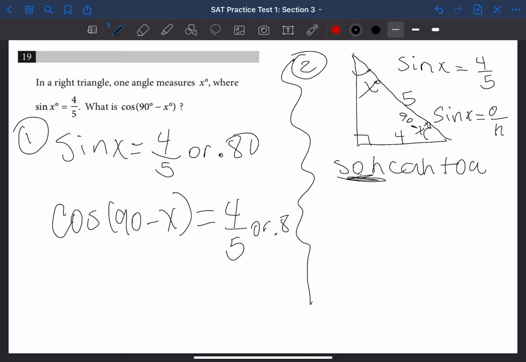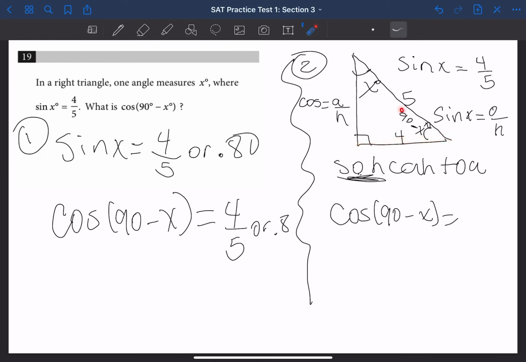Now we're trying to find cosine of 90 minus x. What is cosine? Remember, cosine is adjacent over hypotenuse. What is the adjacent? Adjacent is the side of the triangle next to the angle.